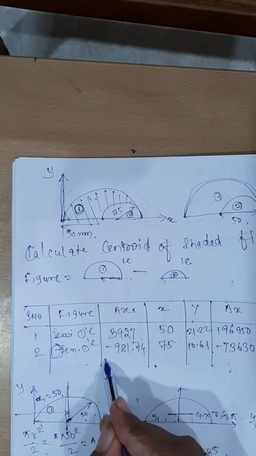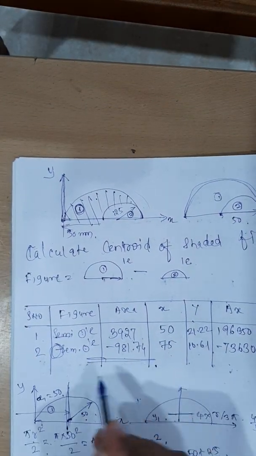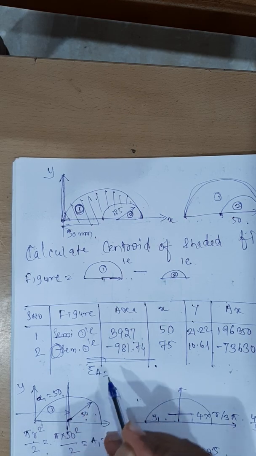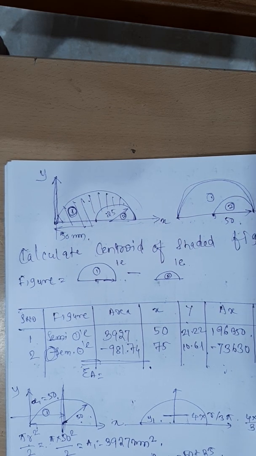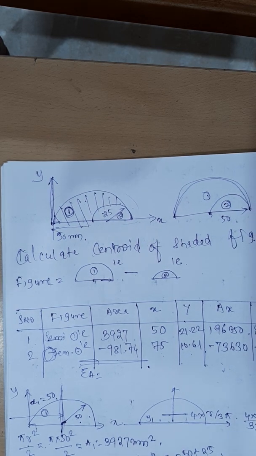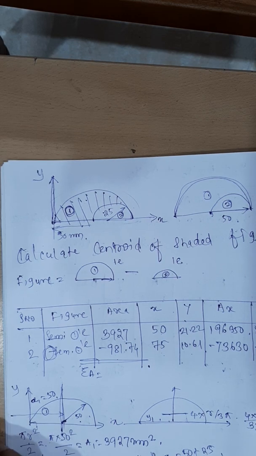Lastly, you calculate what is the total of the area. If you do it like this, the calculation is reduced and errors will also be minimized. Only you must be perfect in calculating how the figure is, and the value of x and y, keeping it in proper position. You may know the formulas, but if you are not putting it in the right position, your answers may go wrong, right?